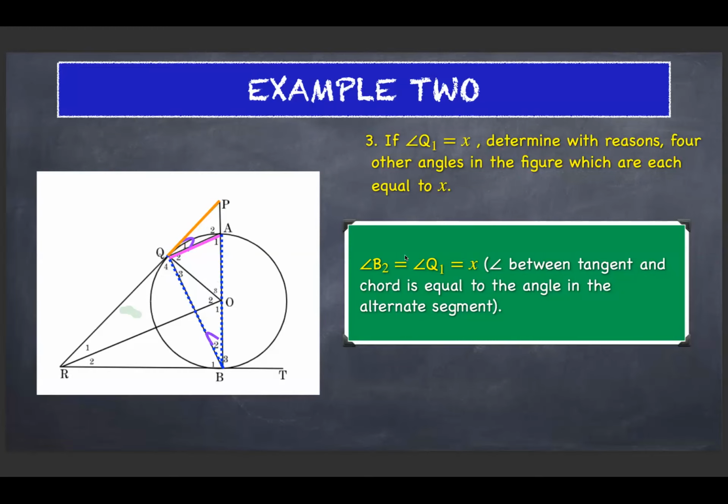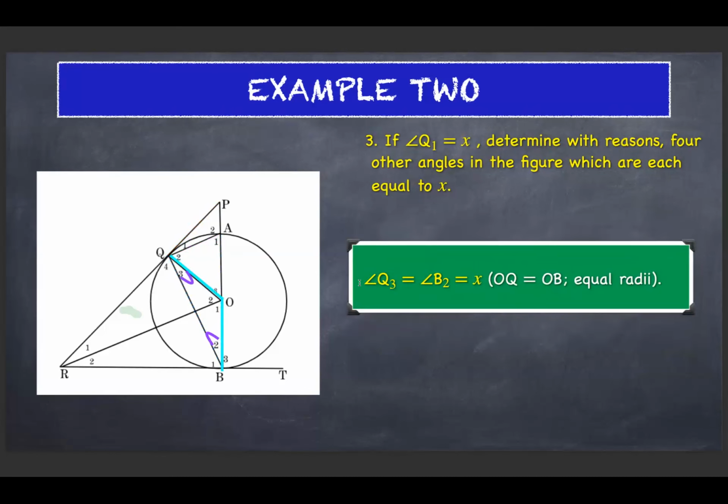Right. Now, can you see any other way? So we've got that this is X and we've got that this is X. Any other angles? Let's see. Well, again, we knew from earlier that we have an isosceles triangle in the middle here.